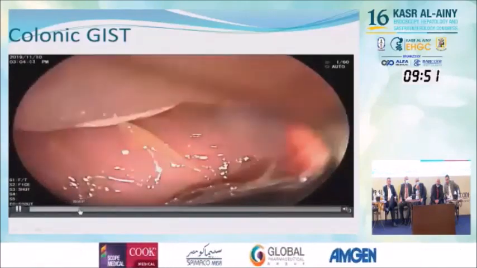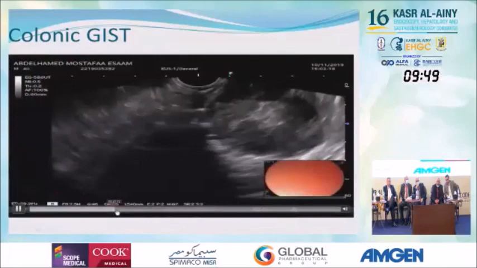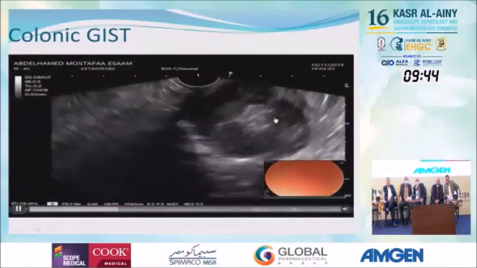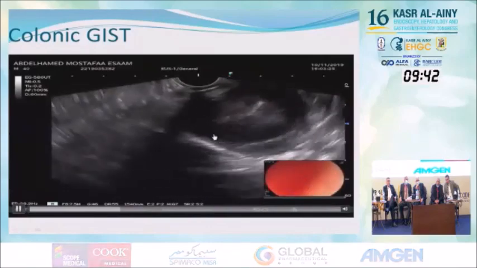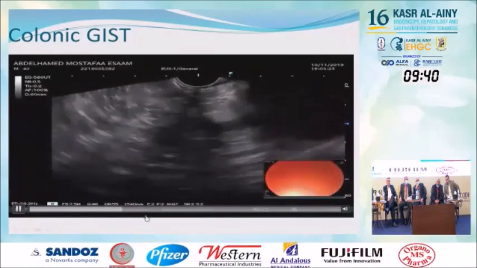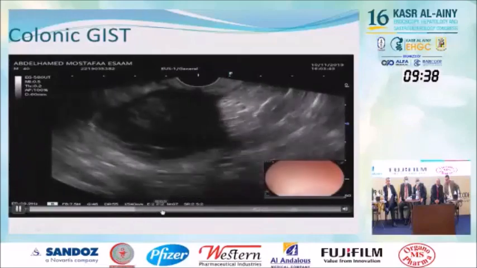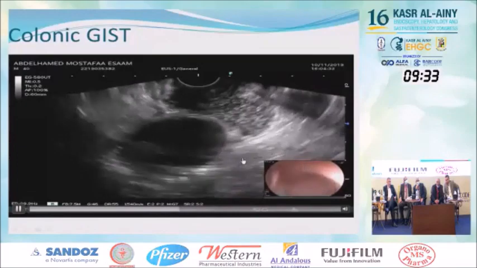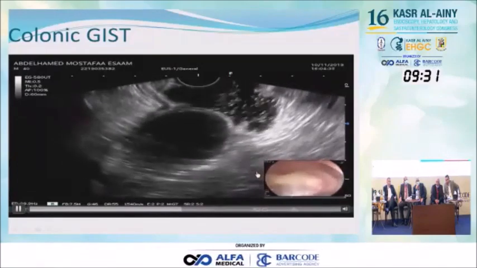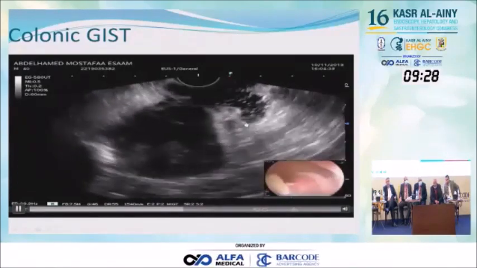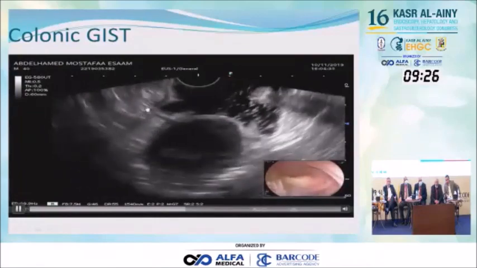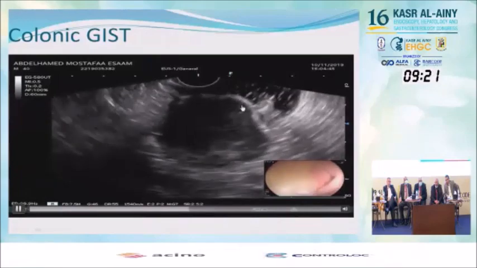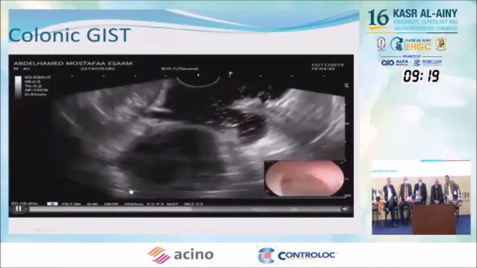After shifting to EUS imaging for this lesion, we see a large hypoechoic lesion with scattered hyperechoic areas, and we used the water immersion technique to identify the different layers. One of the benefits of water immersion is that it displaces the adjacent overlying colonic wall, so you can identify which layer the lesion originates from.